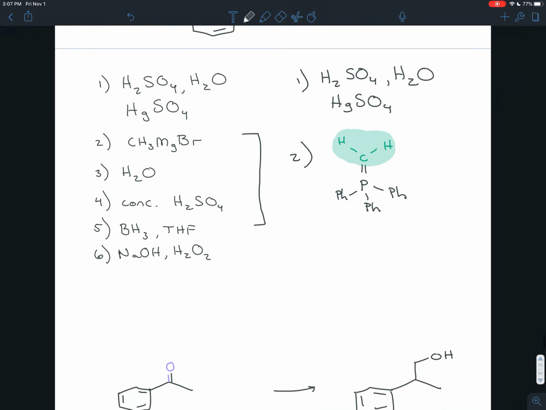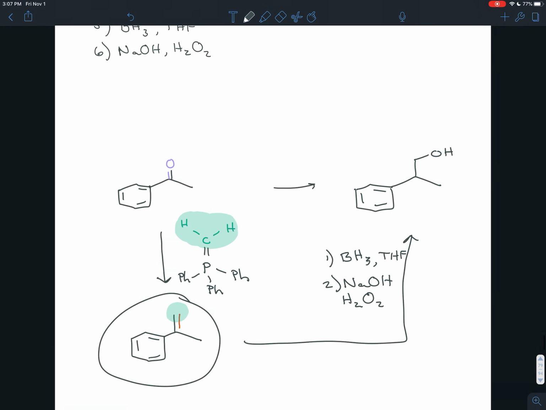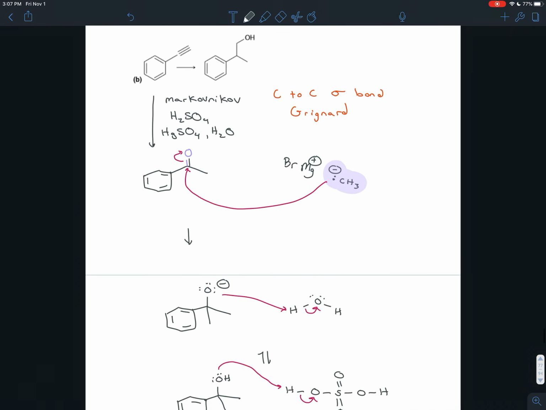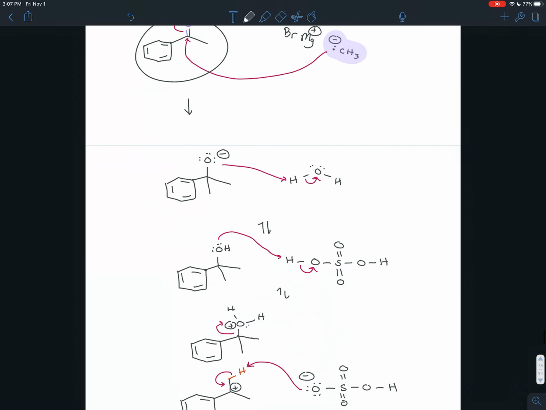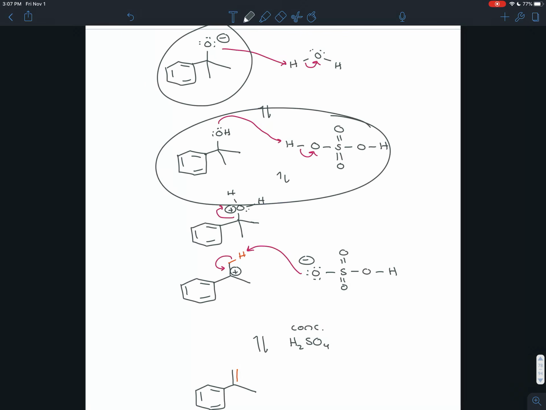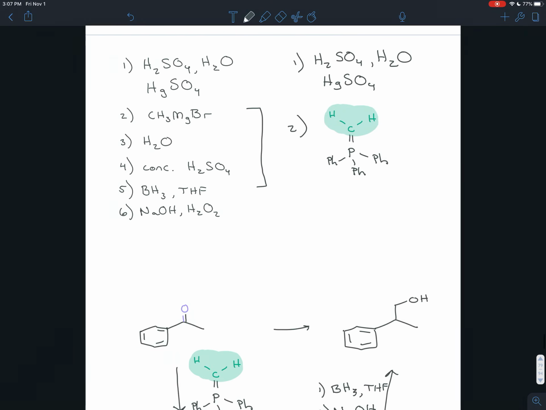Those get the same thing done. At the end of both of those processes, you end up with this molecule here. In the Wittig reagent, in just one step, and the other way we used the Grignard reagent, water, and then concentrated acid, and through an E1 mechanism that ended up getting us that same molecule.